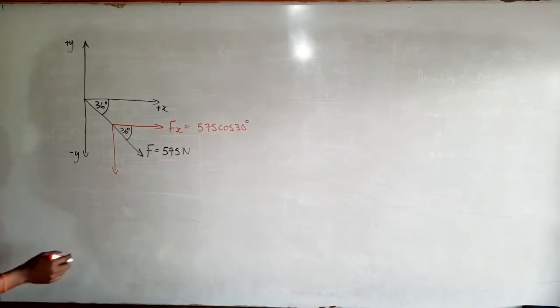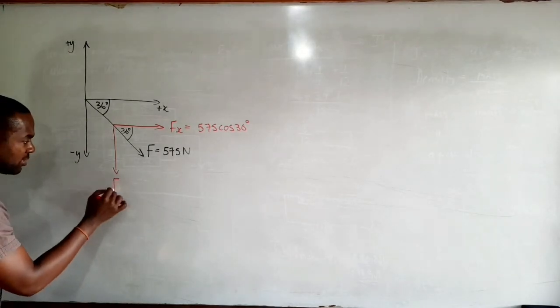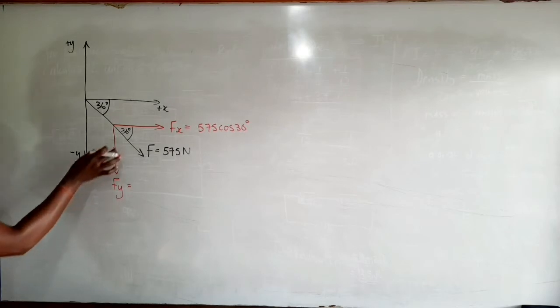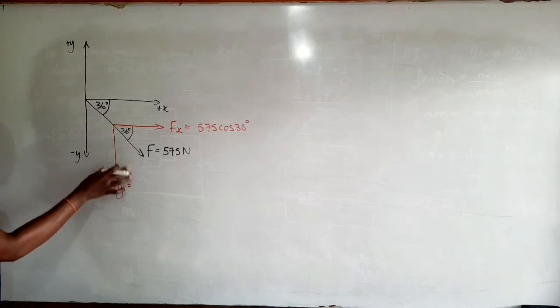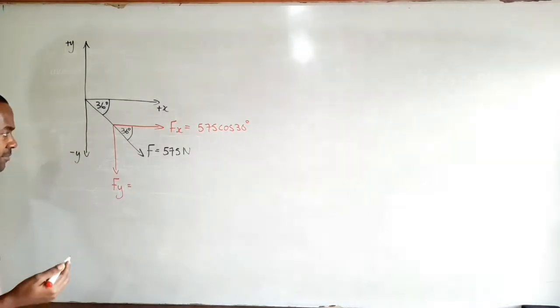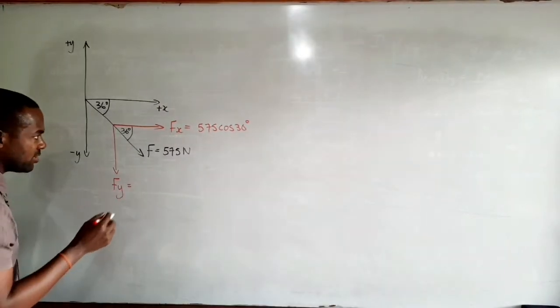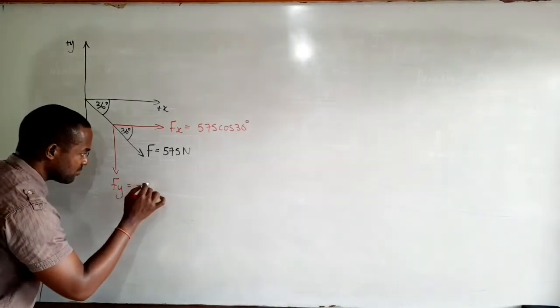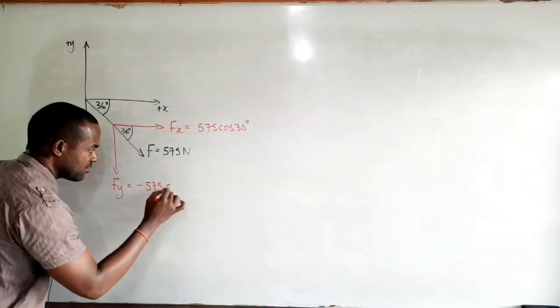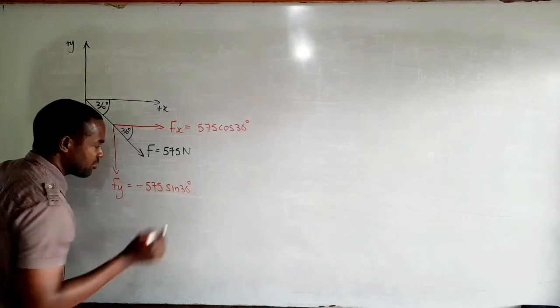Now the y component, let's call it Fy, equals, now this component goes in the negative y direction, and of course usually we assume that these vectors will have a negative sign, so we put a minus sign in front, and this will be minus 575 sine 36 degrees.